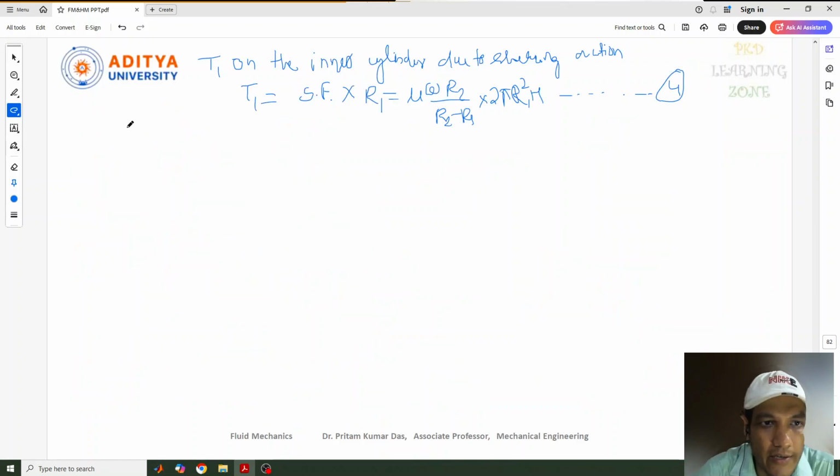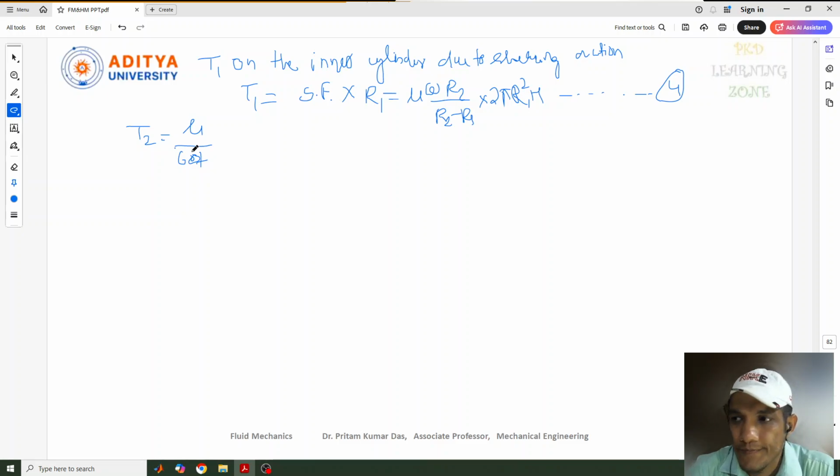So here we can write the torque at the outer cylinder, that is T2 equal to mu by 60 t, into one formula is there actually, pi square into n into r to the power 4. Okay, so this one we have derived previously, from that we have taken this. So this is the torque on the outer one.